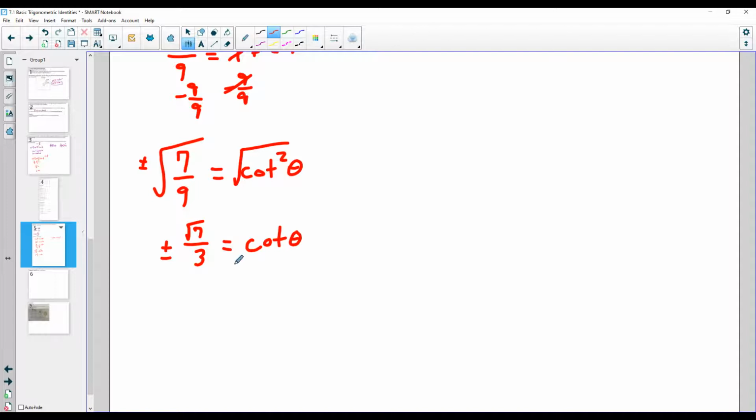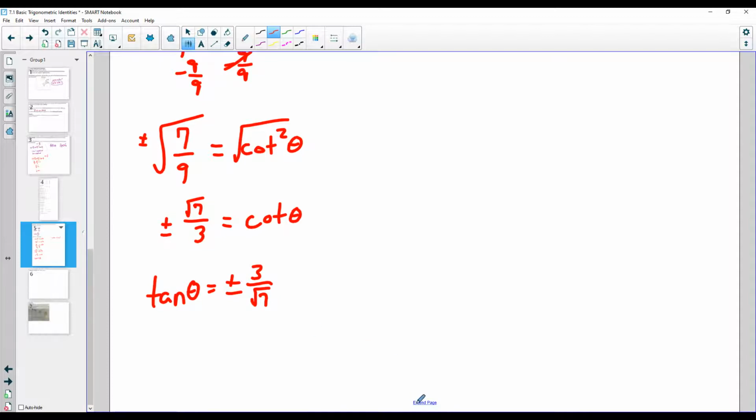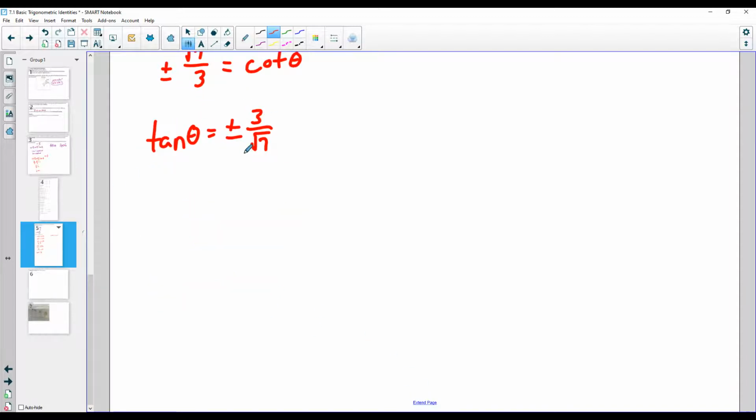Well, now I know the cotangent is really just the reciprocal of tangent. So I know that the tangent is just going to be the reciprocal of this, so we're going to get plus or minus 3 over the square root of 7, right? If it's just the reciprocal, all we're doing is flipping it, flipping the numerator and denominator.